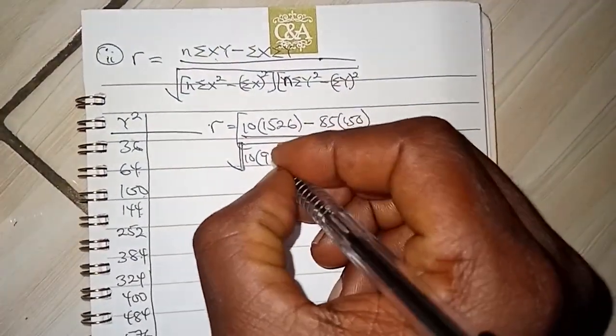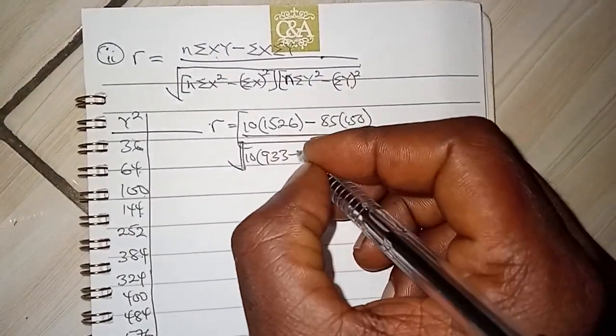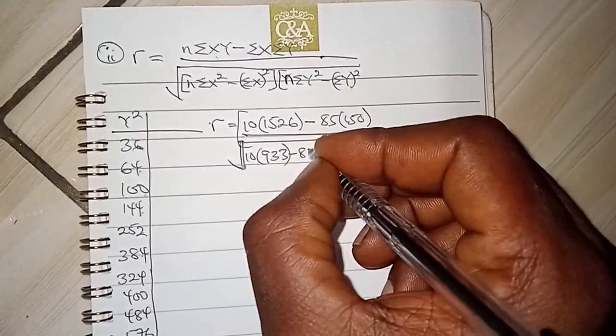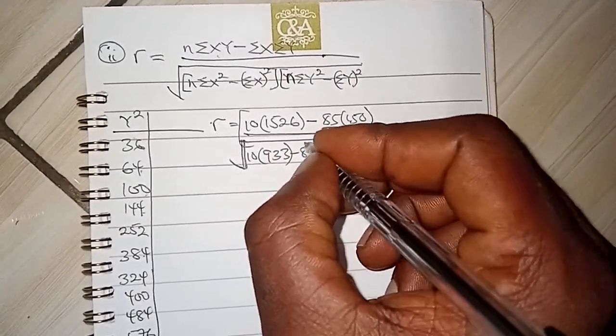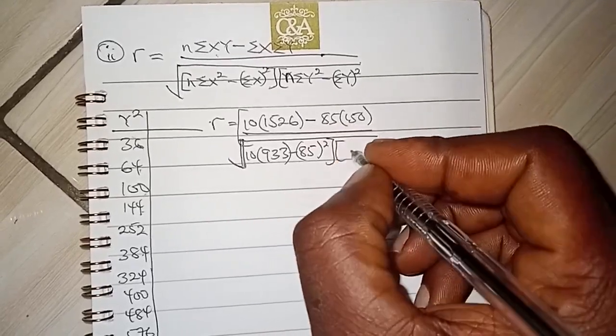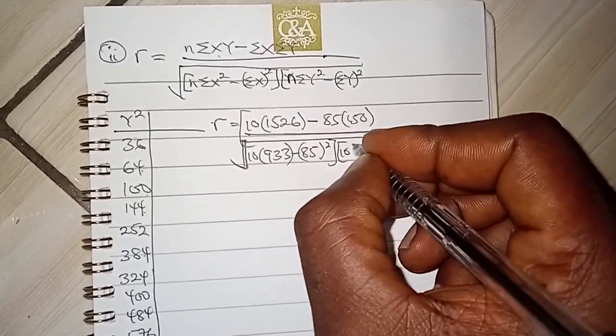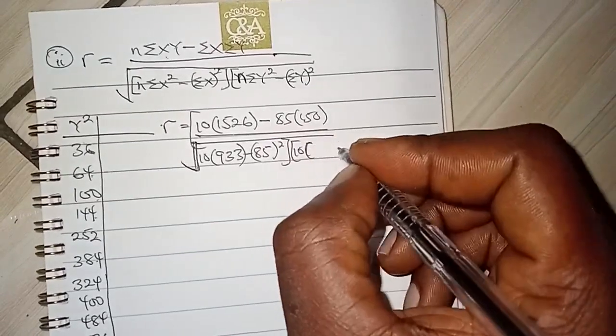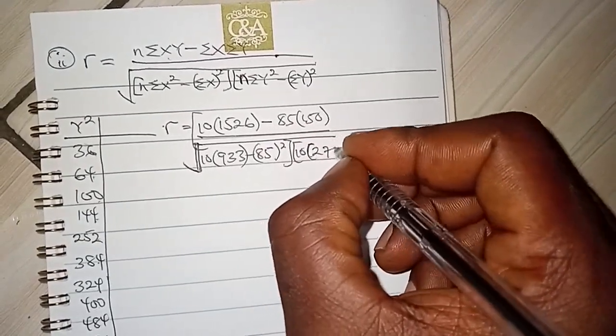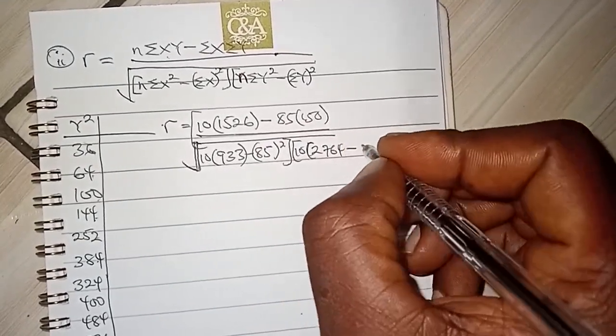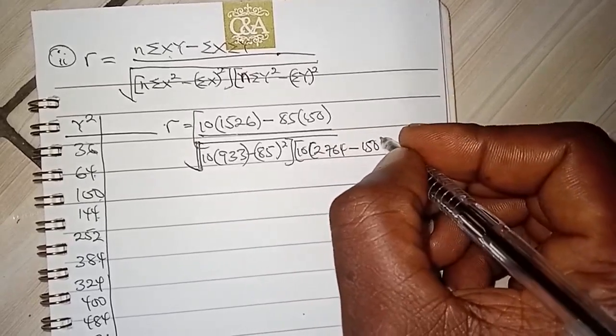So 933 minus summation x, which is 85, all squared. Then for y, which is 10 as well, 10 summation y squared, which is 2764 minus 150 squared.